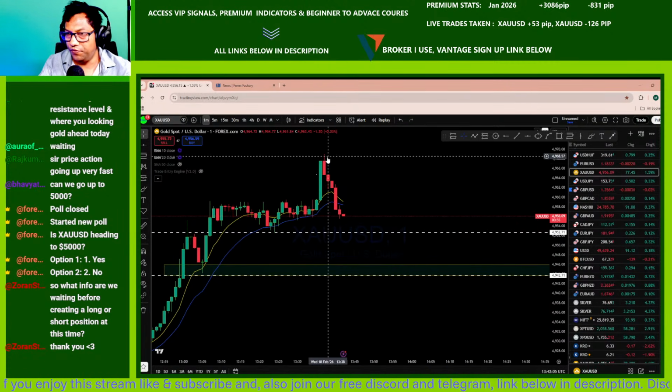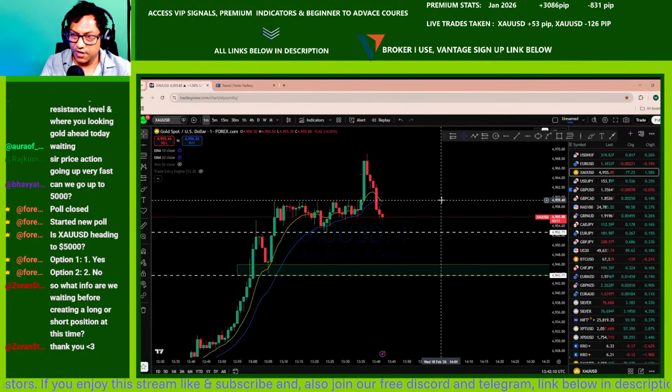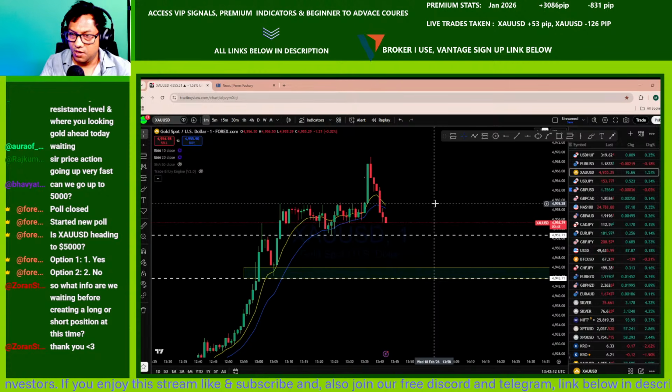Off this level it started to pull down further, back below here in that area.